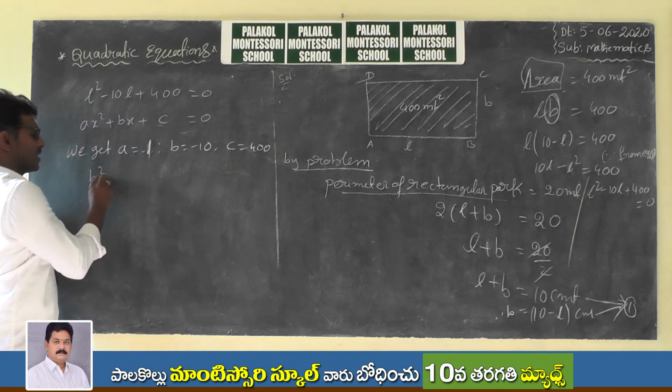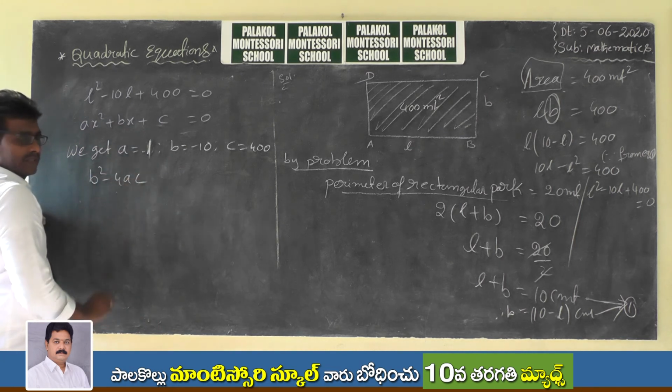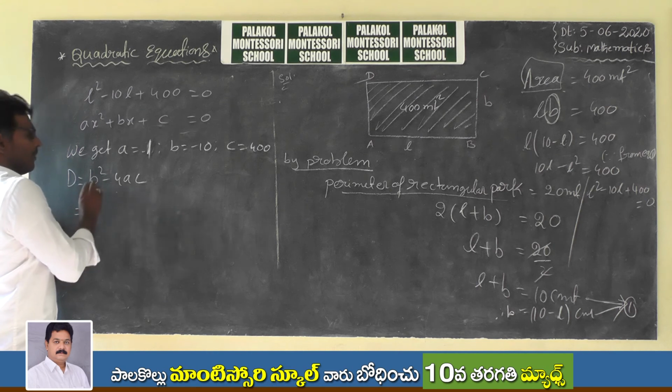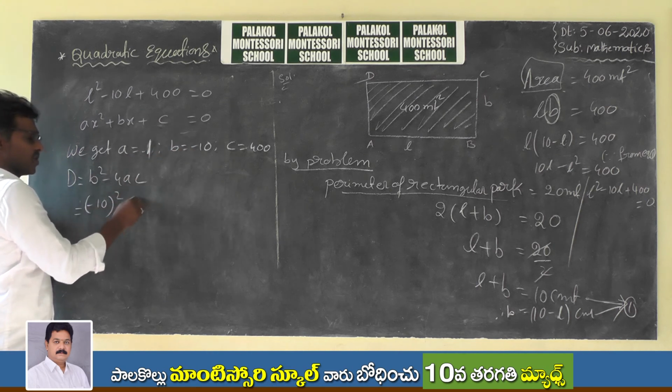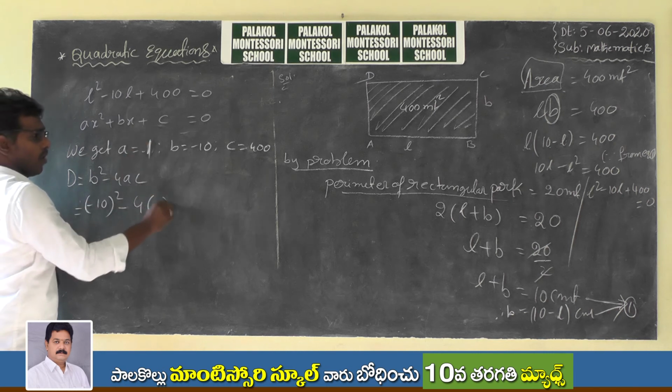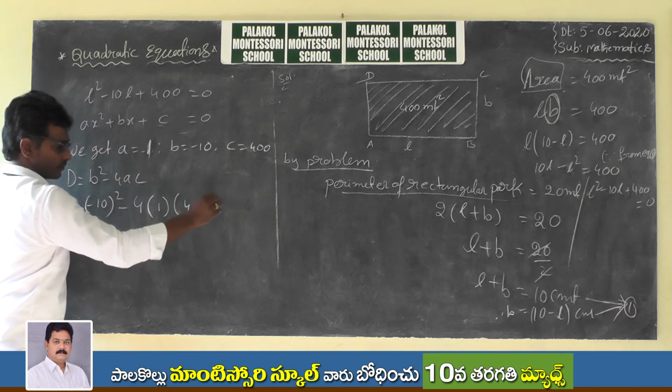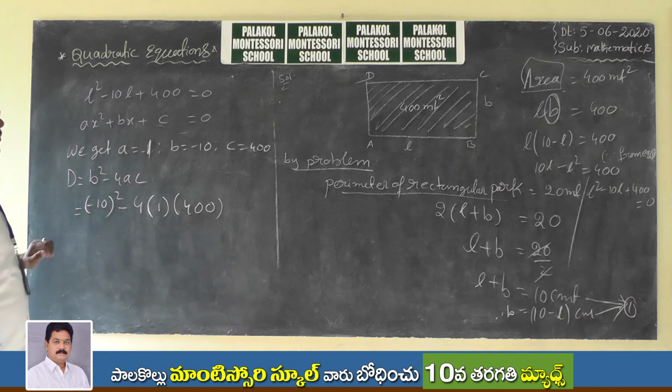So calculate b square minus 4ac, that is the discriminant. The b value is minus 10 whole square minus 4 into 1 into 400. So here this is b square minus 4ac.